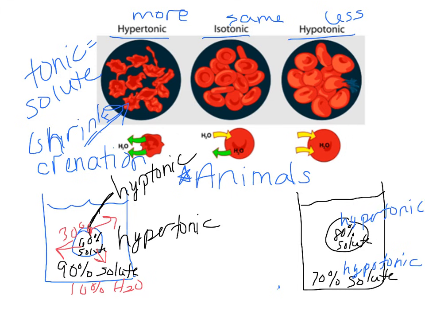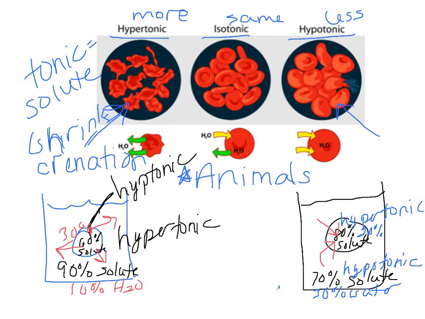I'm talking about water movement here, though. Water moves from high to low. I've got 30% water if I have 70% solute. So in my cell, I have 20% water. 30 is larger than 20, so in this case, water goes into the cell. Okay, and so water goes into the cell with a hypotonic solution.